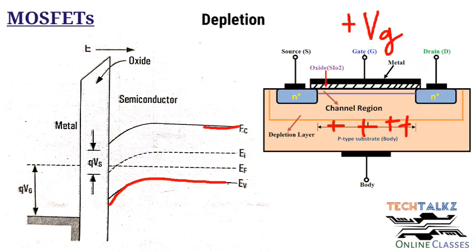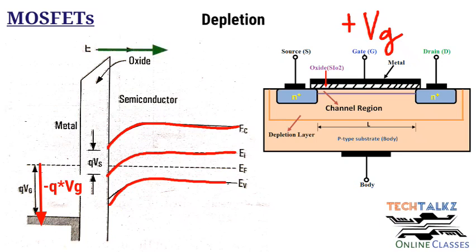Similarly, the EC and EI are also bending downward. On the metal side, since the gate voltage is positive, the energy will be minus qVg. That is negative, so the energy is shifting downward. And the electric field direction is from here to here.